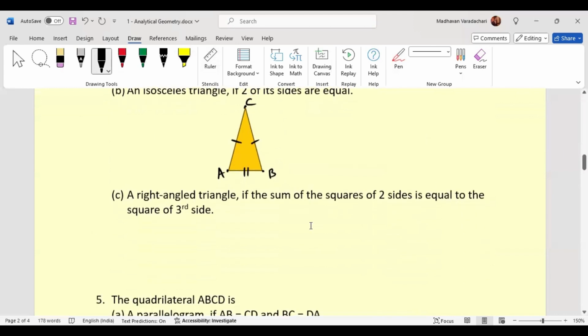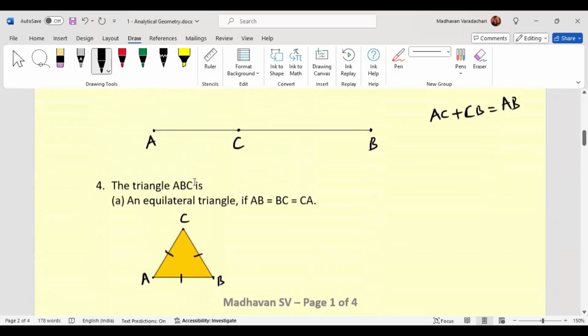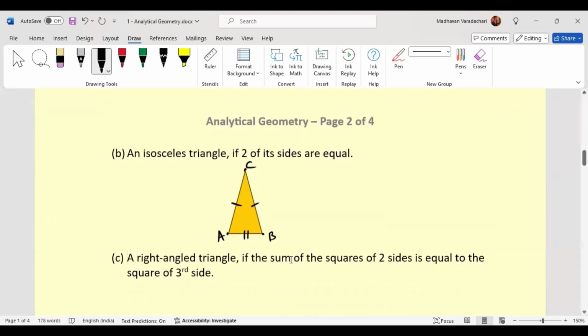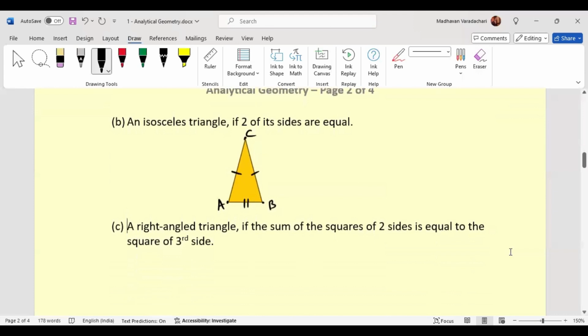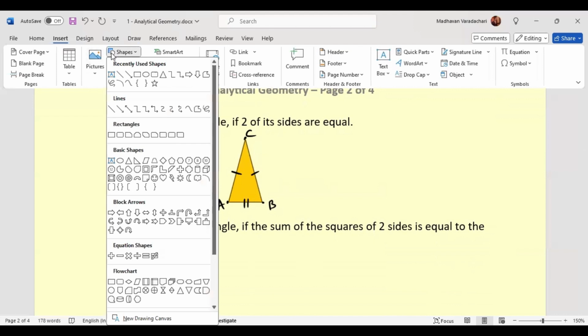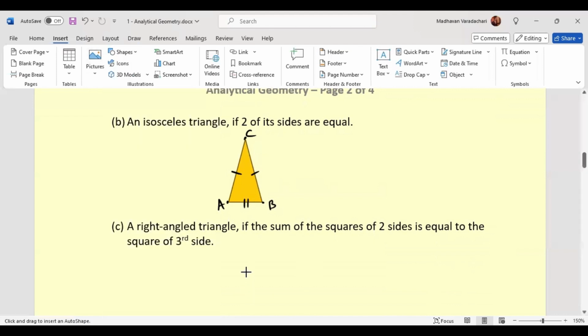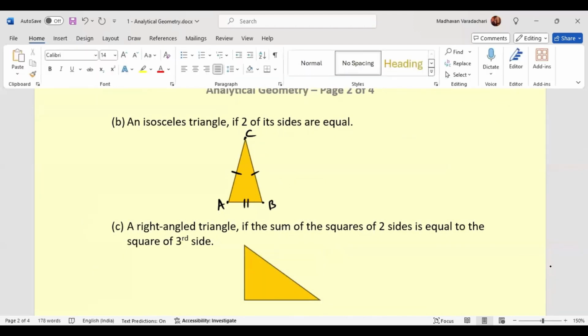A right angle triangle: a triangle ABC is a right angle triangle if the sum of the squares of two sides is equal to the square of the third side. Let us draw one right angled triangle. Now let us consider this point as A, this as B, and this as C. So of course, BC is the hypotenuse.